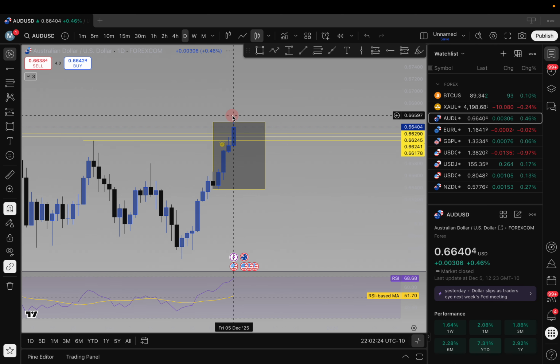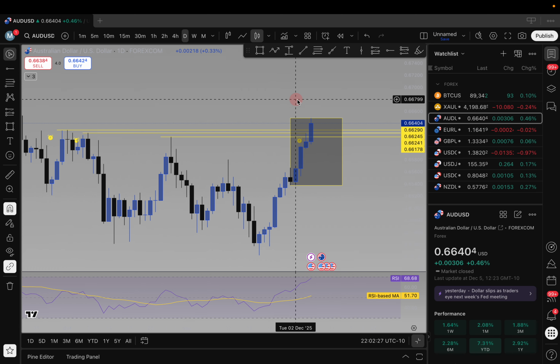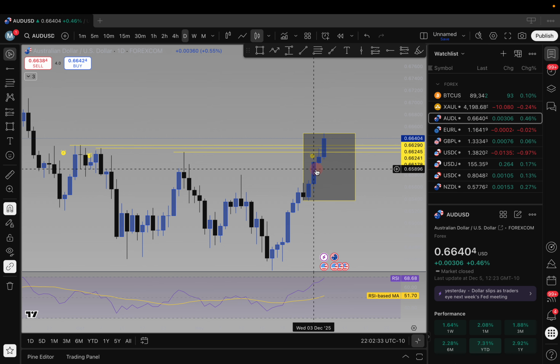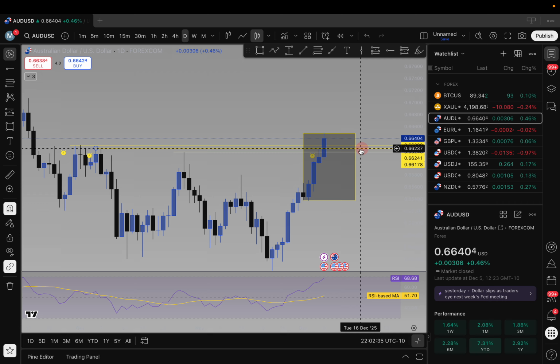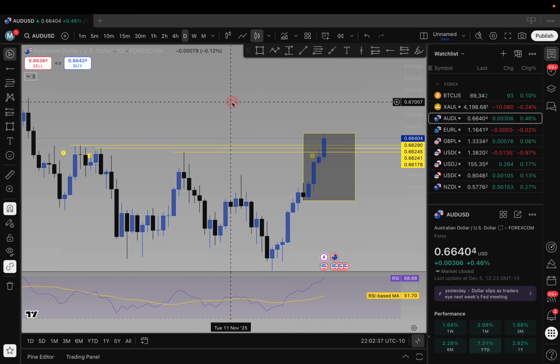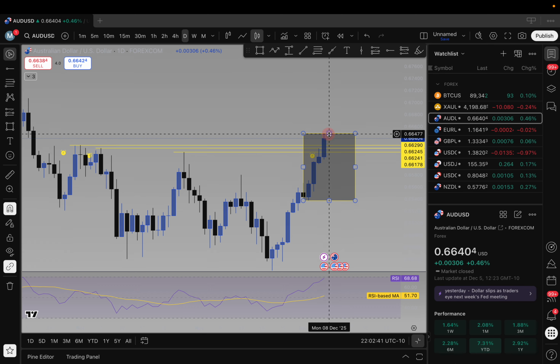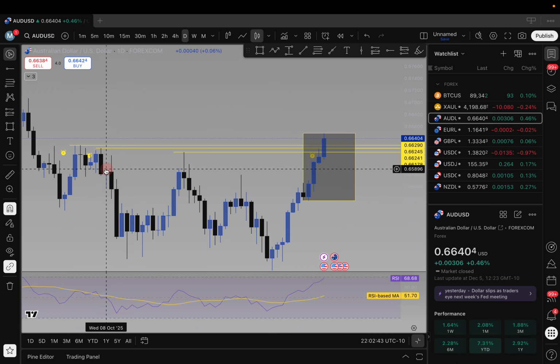On the daily, let's look. Alright, this was a massive push up on the previous week. So now we look at where the previous candle broke, and let's mark up.